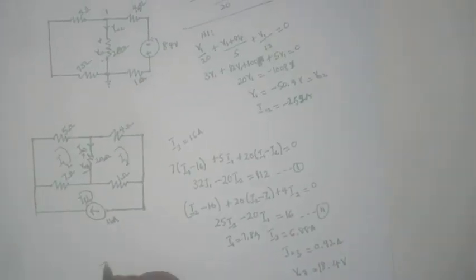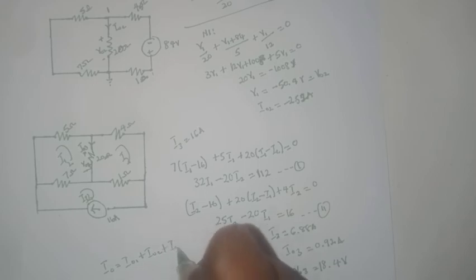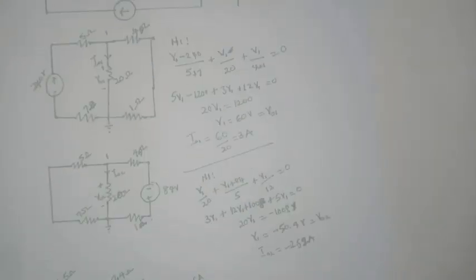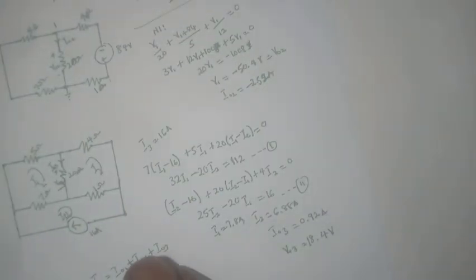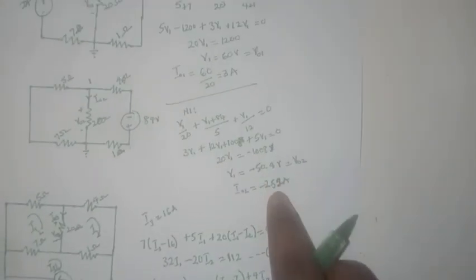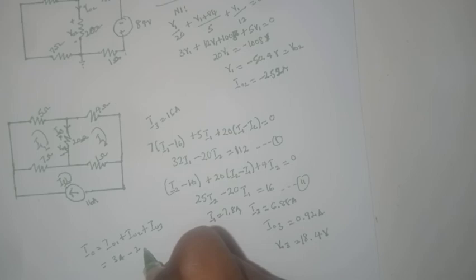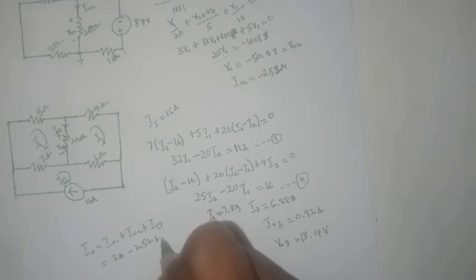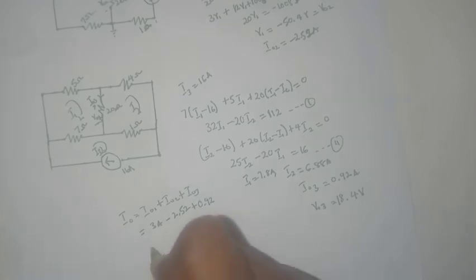So we know that I naught is equal to I01 plus I02 plus I03, which is 3 amperes, minus 2.52, plus 0.92.